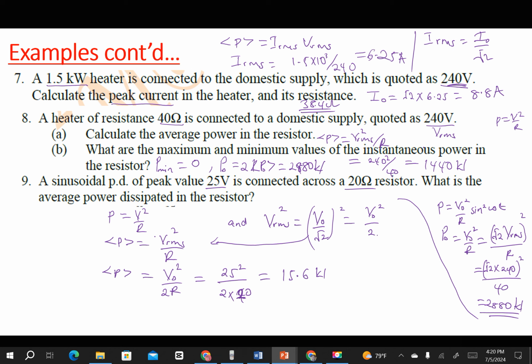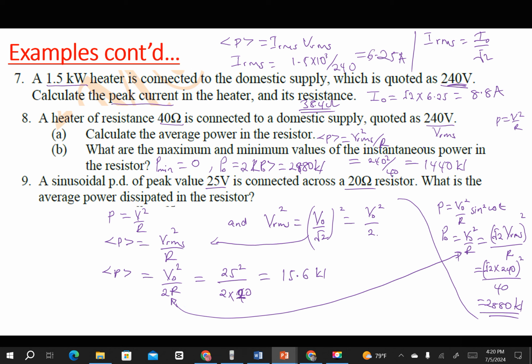And that would be the maximum power instead of being the average power. That's why this 2 in the denominator takes you back to the example that we have done. Where there is no 2 here, we are finding the maximum power.